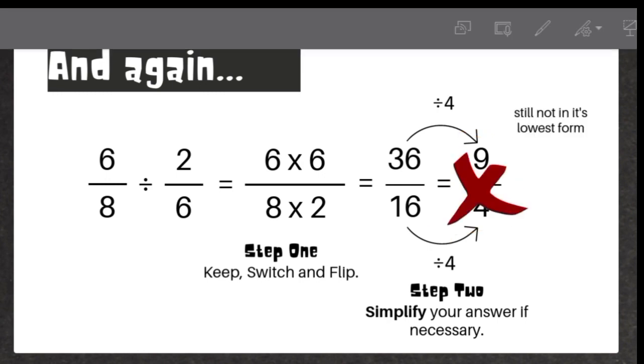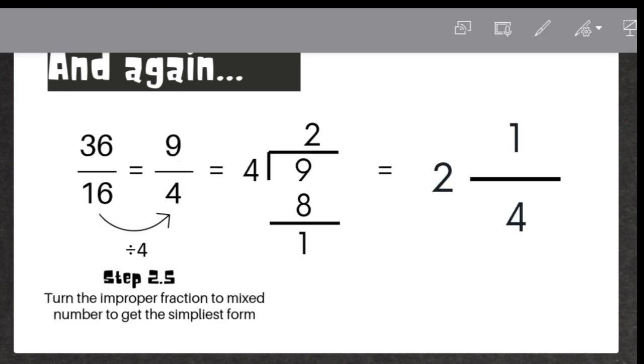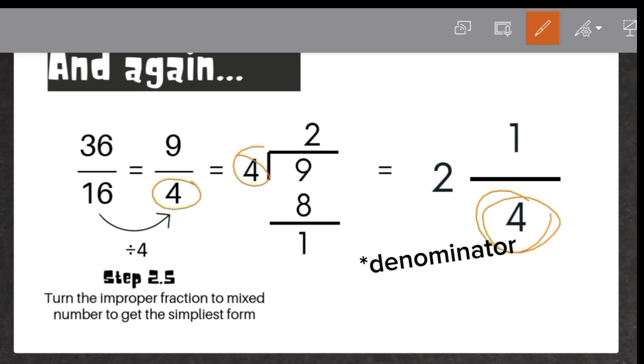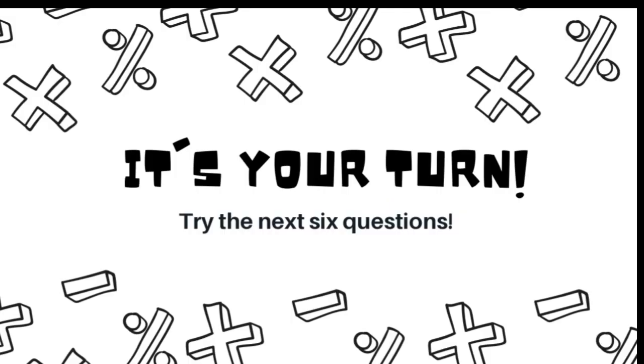But it's actually not in its lowest form, so we need to get the mixed number. So here, as I've mentioned before, the denominator again stays the same, right? And our remainder is our numerator, and the quotient is our whole number. So that is all for division.